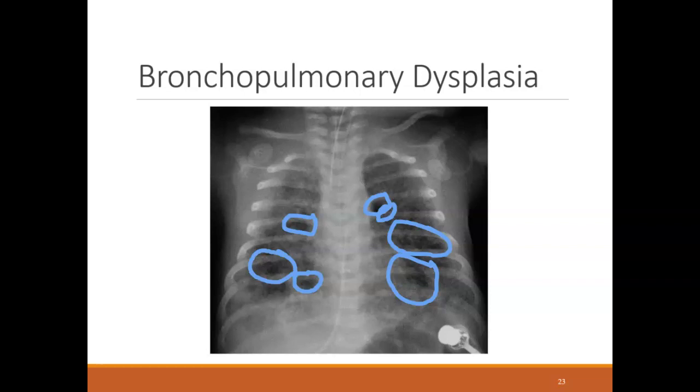So they become hyperinflated. These areas here are areas of lower airway resistance. So up here, this is low airway resistance, decreased lung compliance here. These blue areas that I circled are increased lung compliance areas, which just shows you how difficult it would be to ventilate this patient.